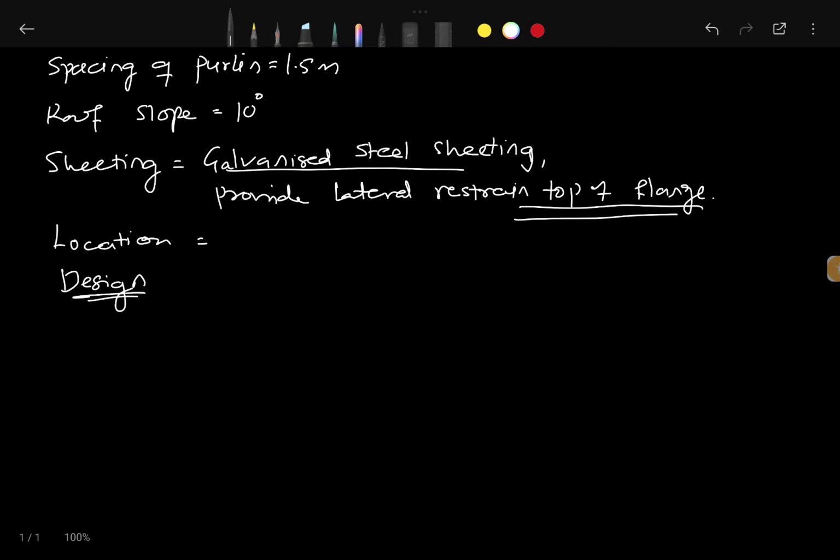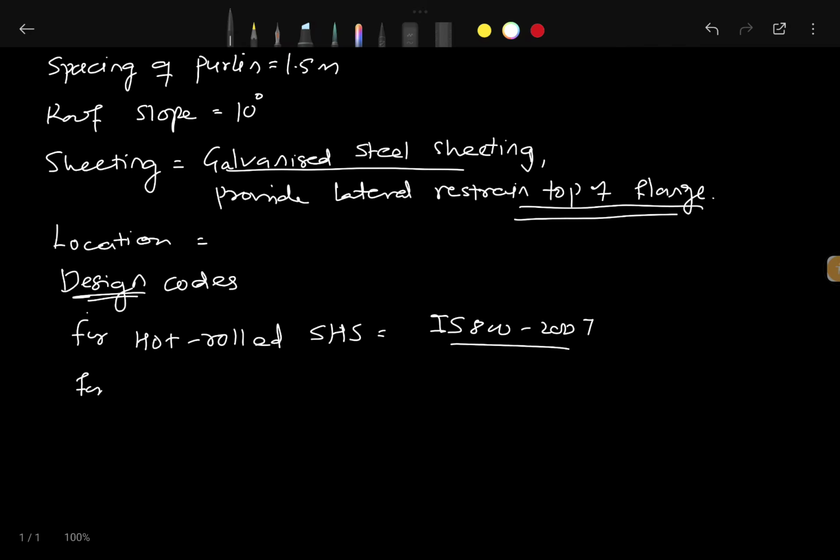For hot-rolled SHS section, we use IS 800 2007, okay, and for cold-formed Z purlin, we use IS 801 1975.